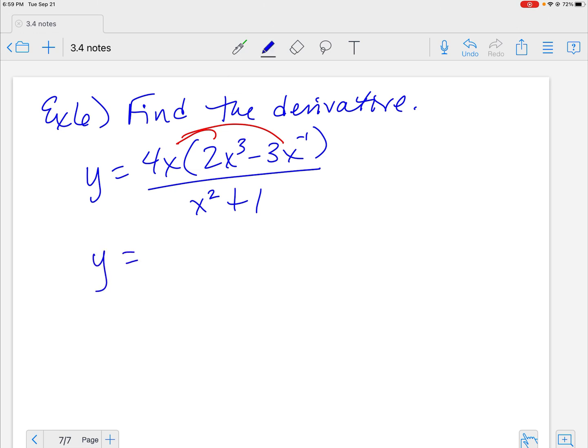Yeah, algebra first. 8x⁴ minus 12, because whenever I add like bases, this x and this x to the negative 1, those cancel. That's sweet. All over my denominator. Now there's really nothing I can do to simplify that down anymore.